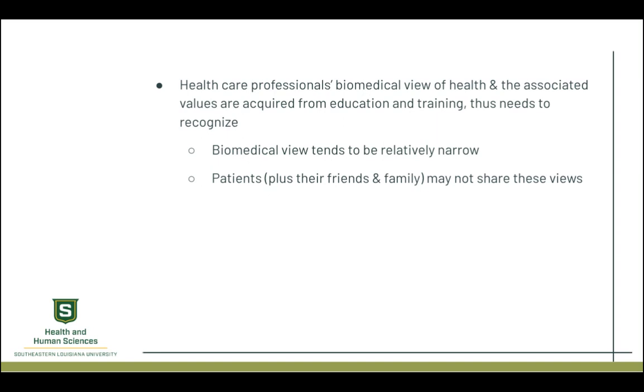So you might find, as a healthcare professional, that something that makes complete sense to you is something your patient or their family just doesn't agree with. You could be giving advice and saying, this is good for you, but the patient or the family are not coming from that same perspective, and so they are not seeing what you are seeing.